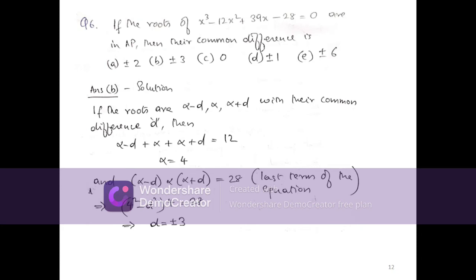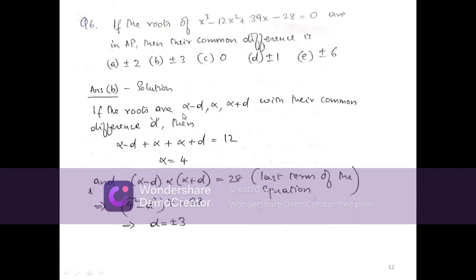So if there are 3 roots and they are in arithmetic progression, let the roots be alpha minus d, alpha, and alpha plus d. Alpha is not the first term. Alpha is the middle term, that is the arithmetic mean.